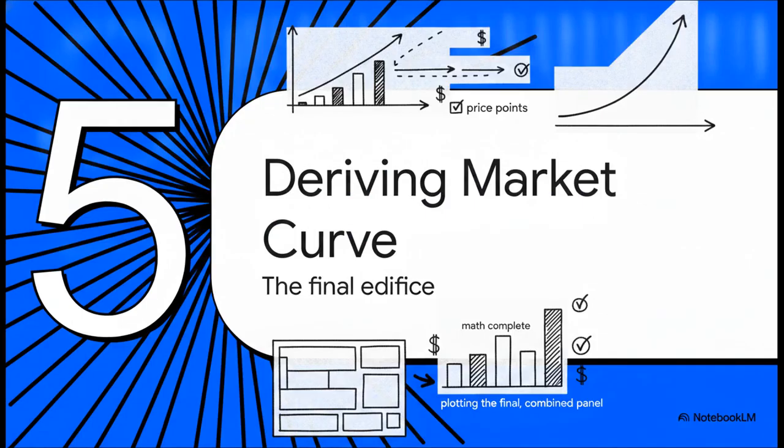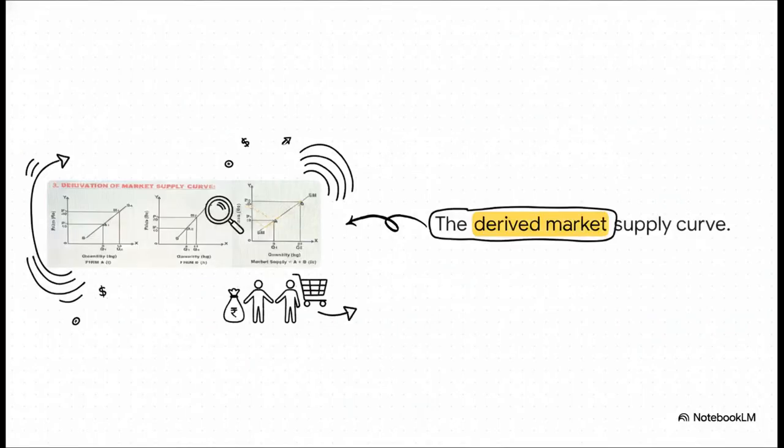Section 5. Deriving the market curve. The final edifice. Now, what's really interesting about this slide is how these individual components perfectly yield our final result. Guide your eyes purely to that third panel on the right. This is our derived market supply curve, labeled SSM. Look at point A. At price OP1, our horizontally summed combined quantity is 900 kilograms.